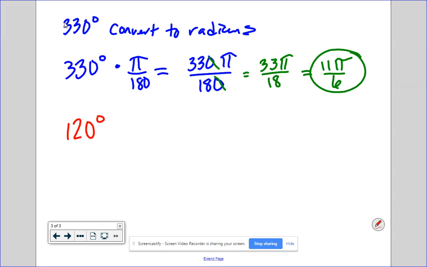Convert 120 degrees to radians. And again, I want it in lowest terms, so I do not want a decimal answer.